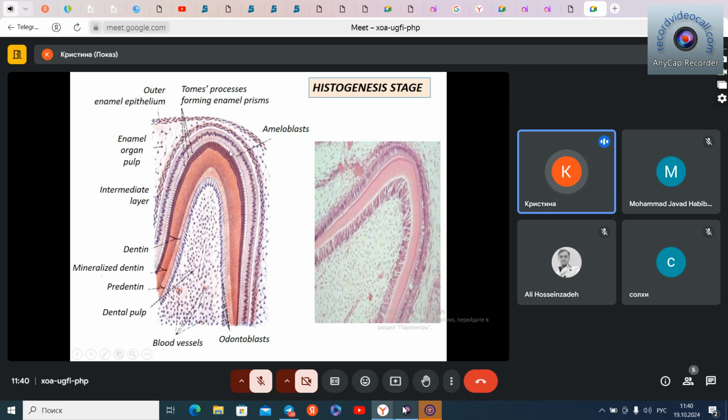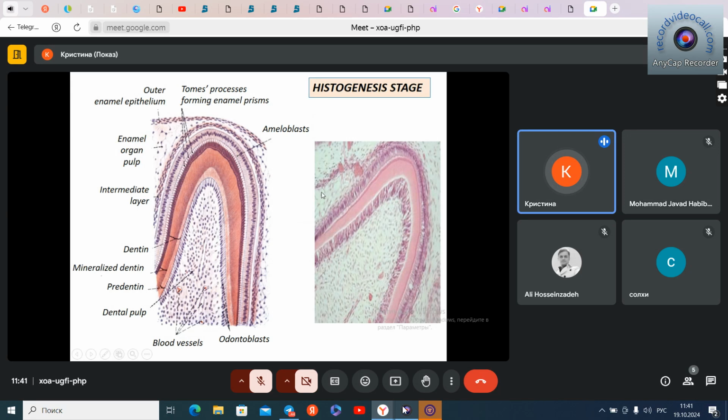Ameloblasts have the Tomes processes seen here. These are the apical processes of these cells through which the proteins and the calcium crystals go from the cell to form the enamel. So here we see the layer of ameloblasts.